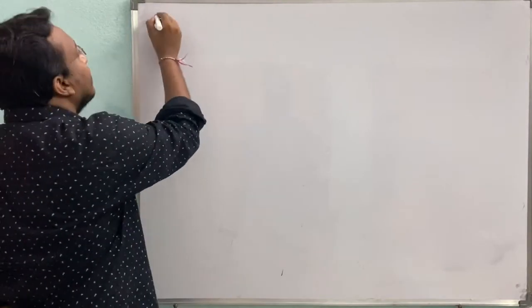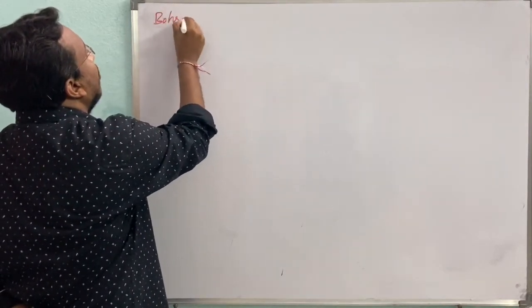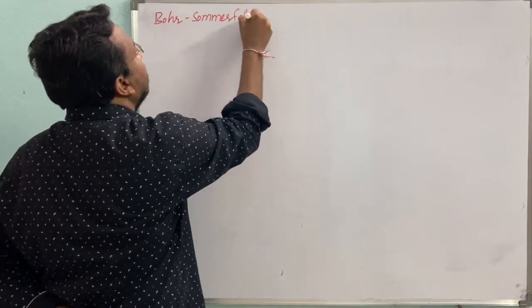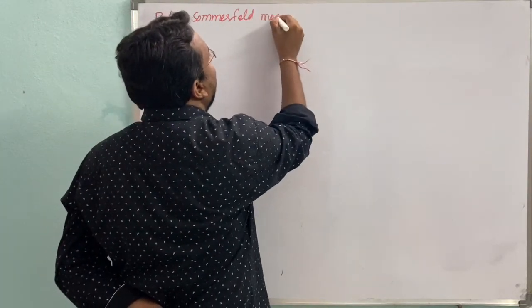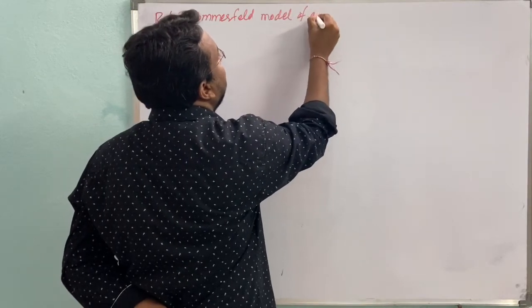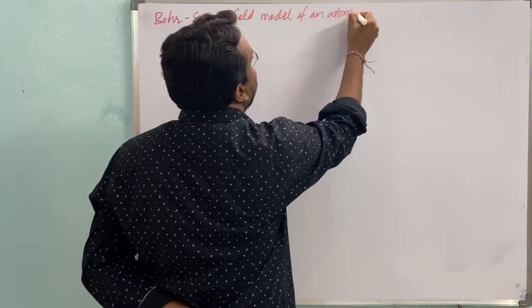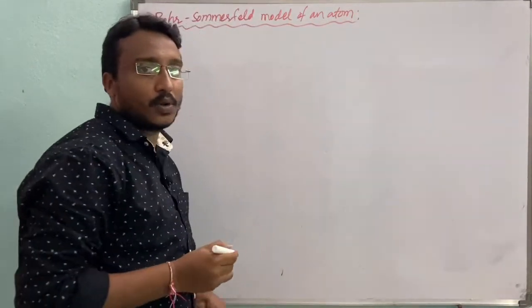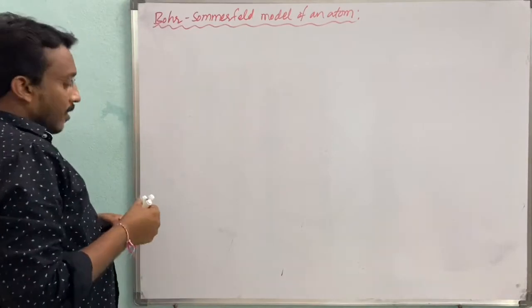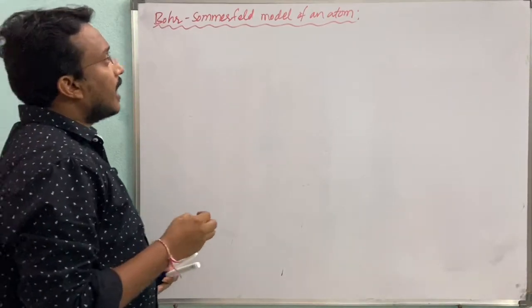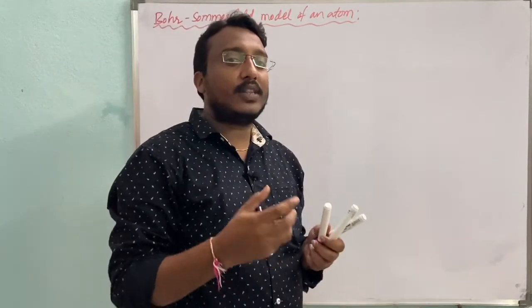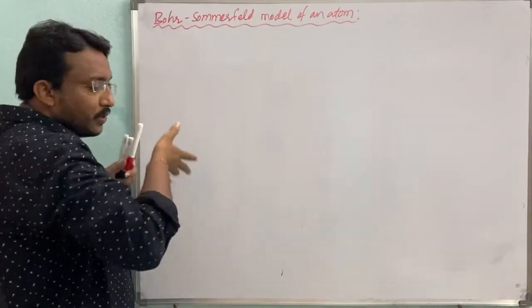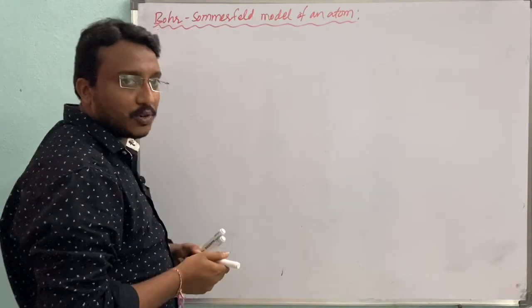Now we are going to discuss the Bohr-Sommerfeld model of an atom. Bohr's atomic model is unable to explain the fine spectra; this model came out to explain the fine spectra.